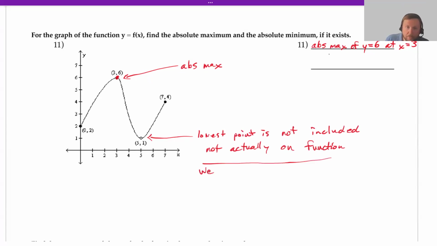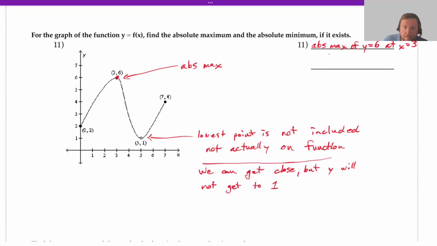We can get close, but y will not get to 1.